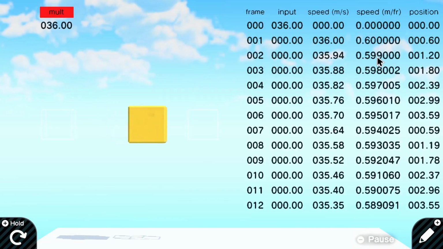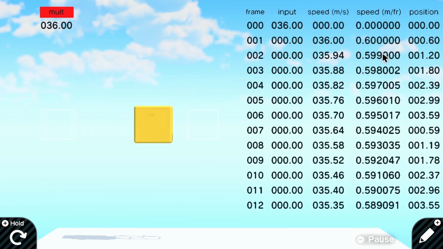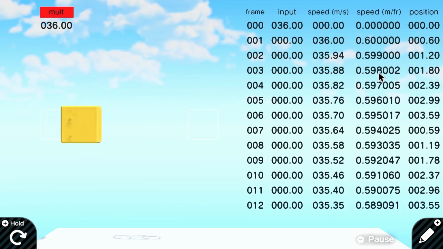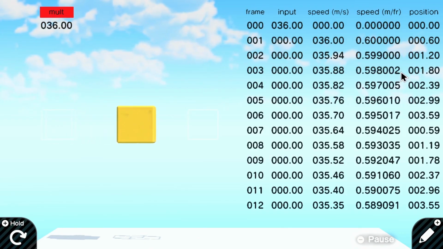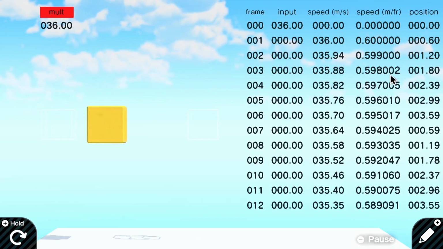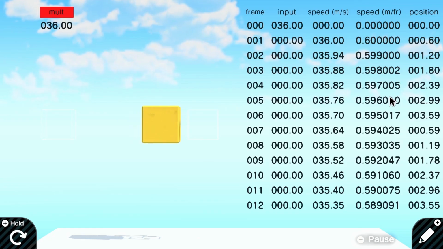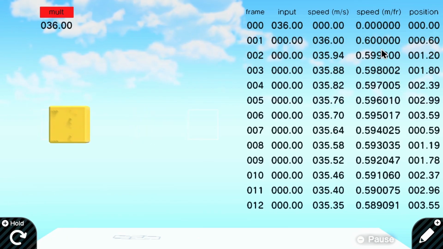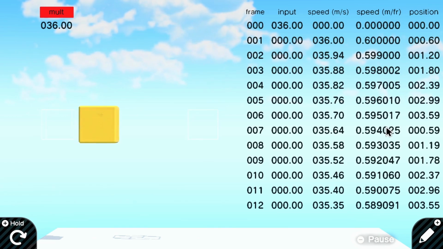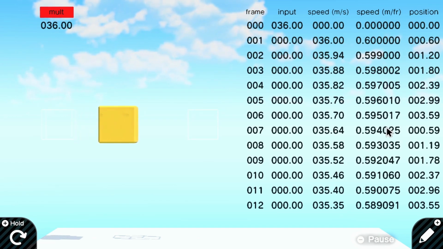That's no longer 0.001, since it already went down to 0.599. So now it's around 0.00998. That's why it went down to 0.598002 and not 0.598000. So as the actual speed goes down, the amount of speed that is lost goes down as well. It's always proportional to the current speed that you have.